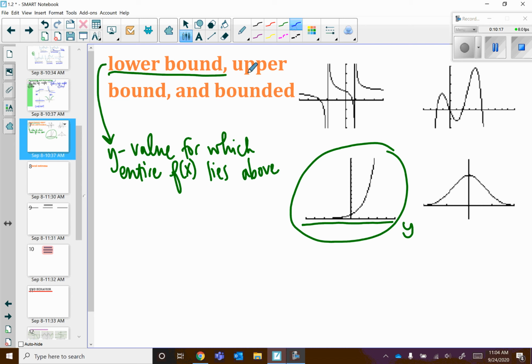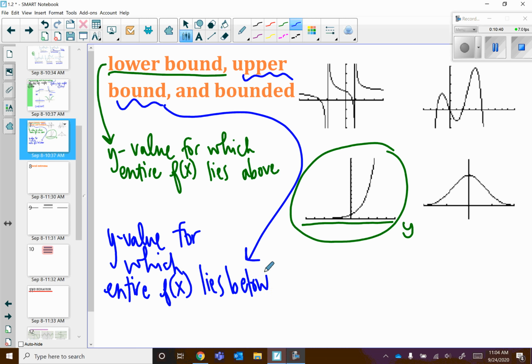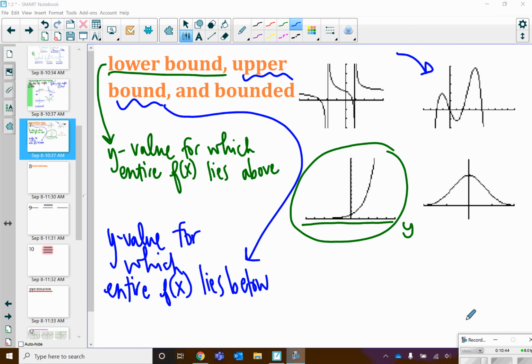Similarly, if I want to consider the upper bound of a function, that would be a y value for which the entire function lies below. So if we look over here, this function right here has an upper bound where the entire function is below this y value.